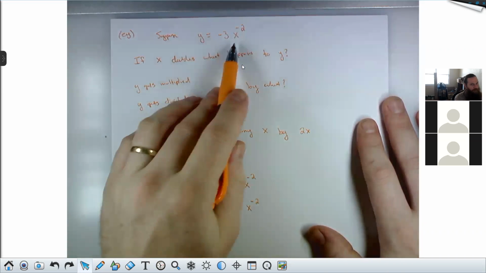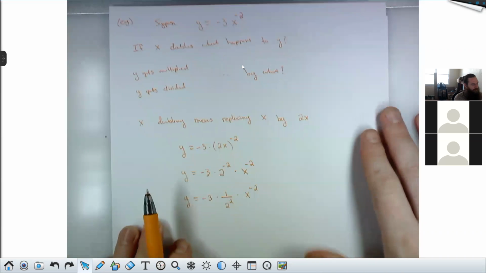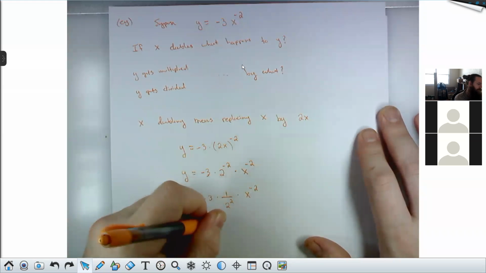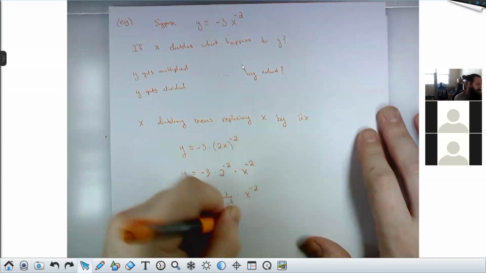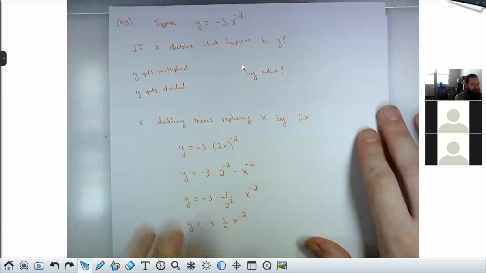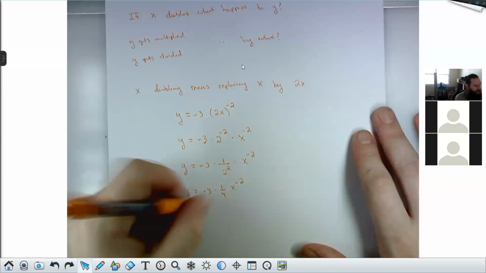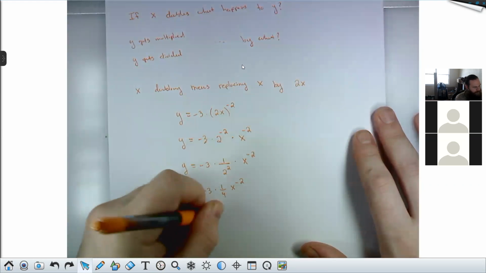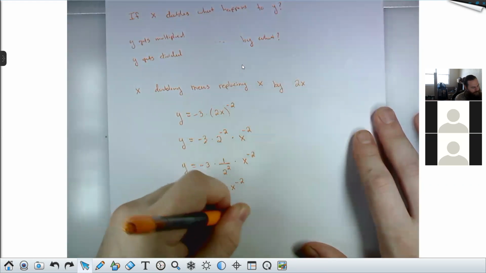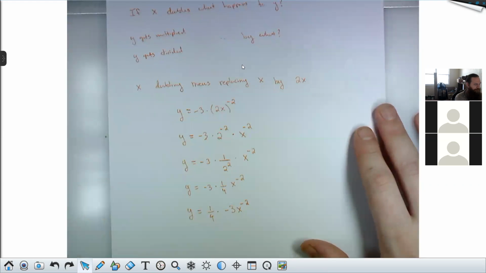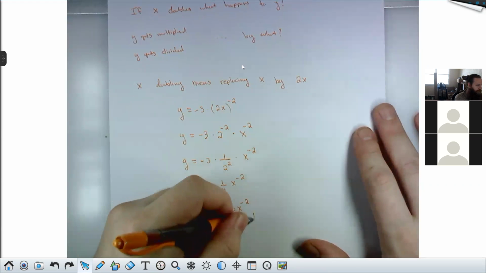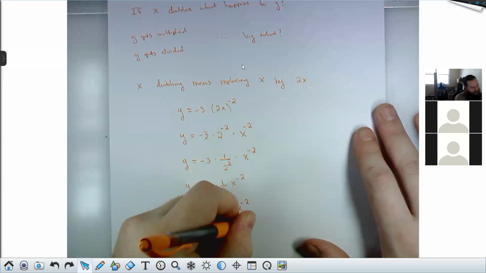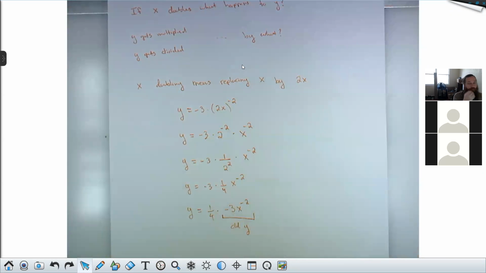X to the -2, I'll leave that alone because I want to compare this to the original thing. So this is 1/4. And then if you want, you can shuffle this around. This is 1/4 times -3x to the -2. And this right here is my old function, my old y.